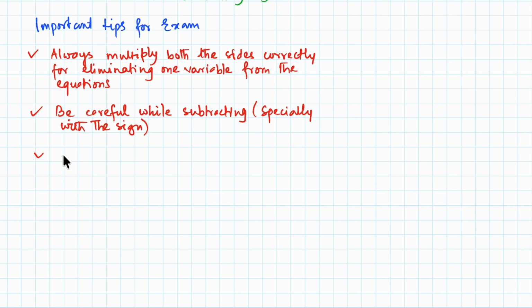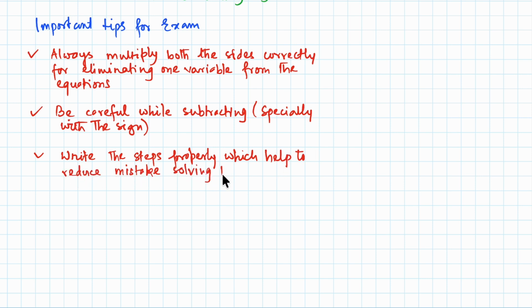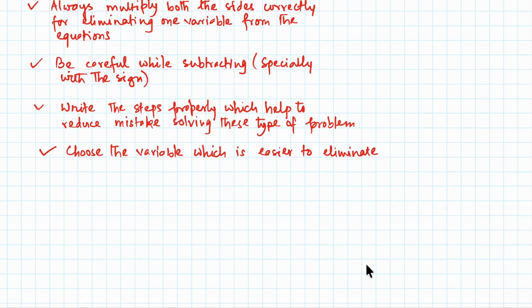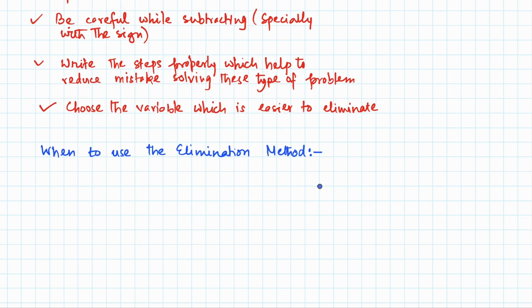So take care of the sign when you are subtracting, and write the steps properly as I have shown you. Write the steps which will help you to reduce mistakes solving this kind of problems, mainly this elimination method, and choose the variable which is easier to eliminate. That depends on the coefficients.